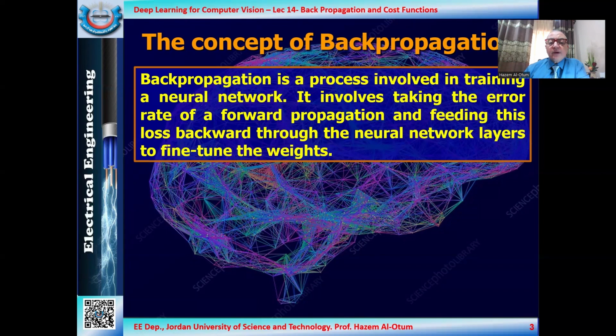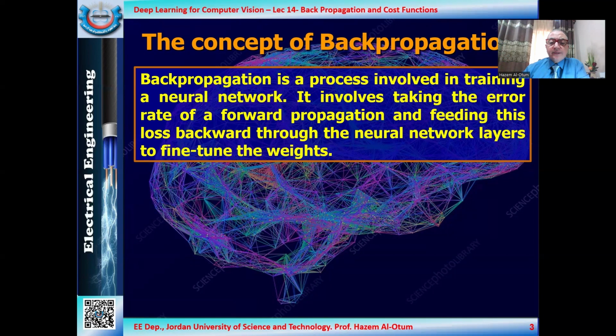Now, suppose that your output is not as required. So what to do in this case? You need to modify and update the values of the weights and the biases in the layers and the output layers, and you may also change the type or the parameters of the activation functions.